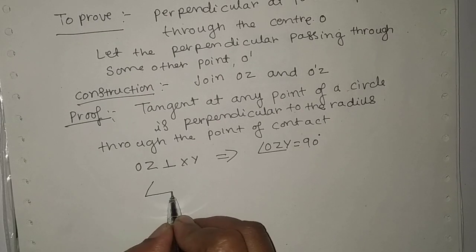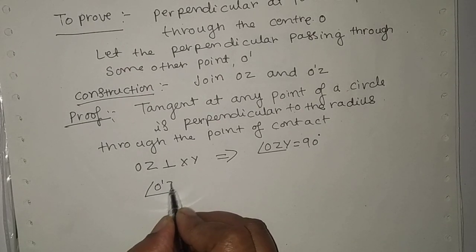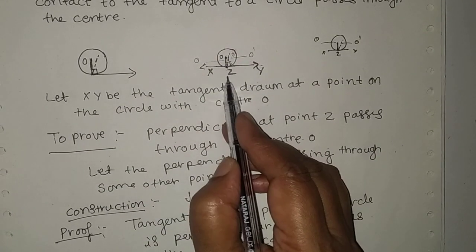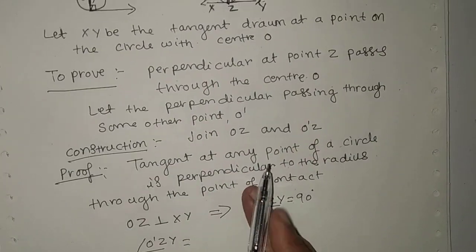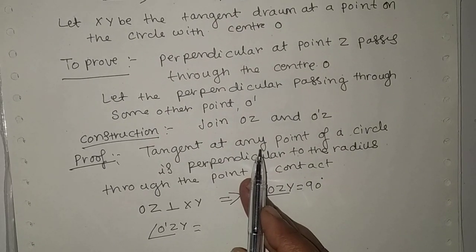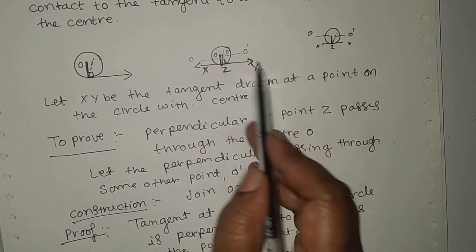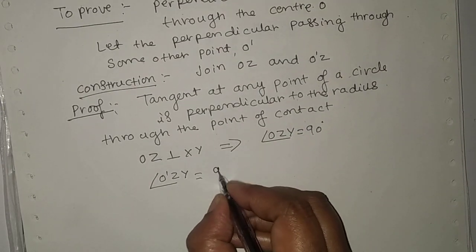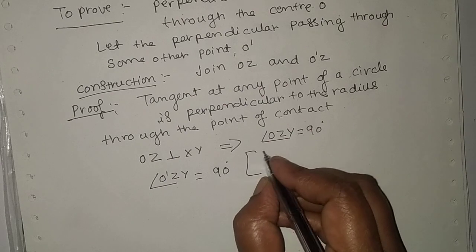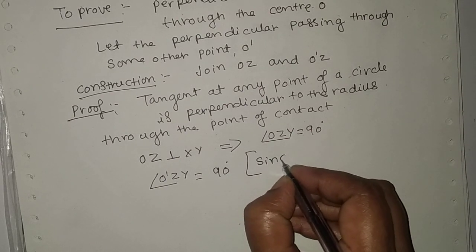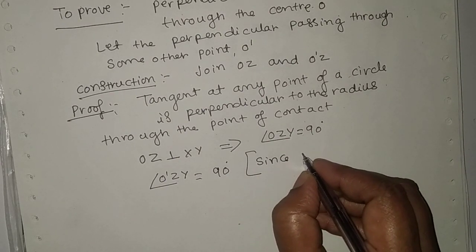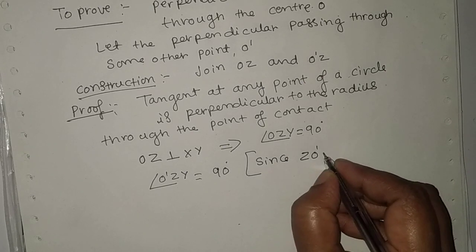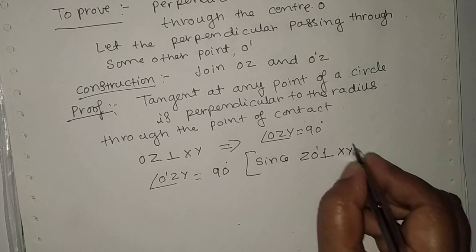Next we take angle O dash ZY, which is also equal to 90 degrees, since ZO dash is perpendicular to XY.